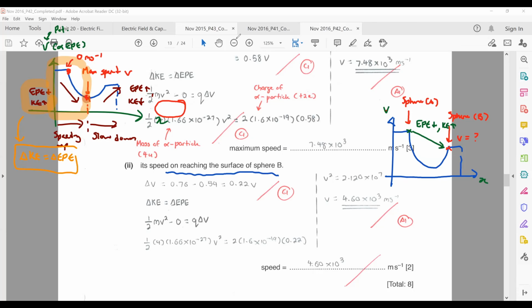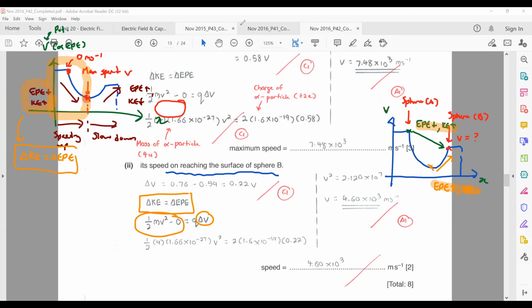Or you could also consider it from here to here. This one, your EPE is increasing, but your KE is dropping. Now, whether you use this method or this method, you will still use change in KE equals change in EPE. But the only difference here is what you will use for your V and what will be your change in KE here.